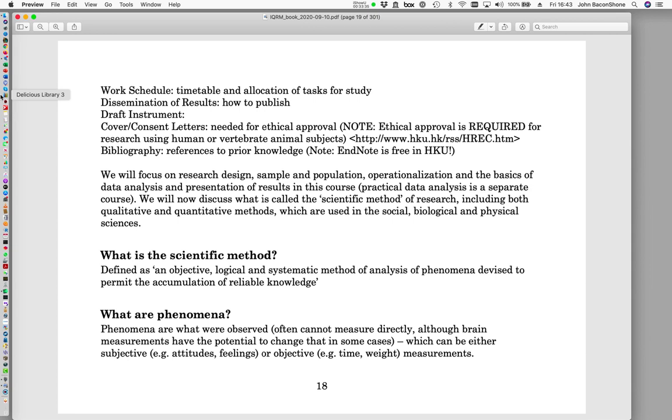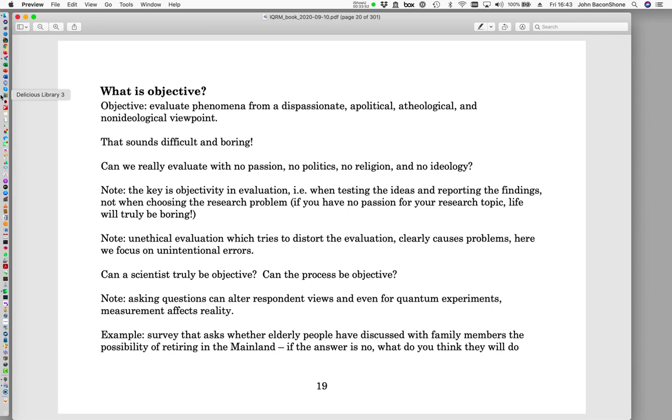Some of that may be subjective, particularly if it's a self-report of my attitudes or my feelings. Some of it is relatively objective, like time and weight measurements. Okay, so what is objective?